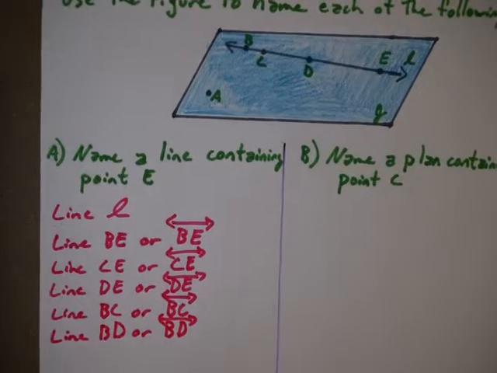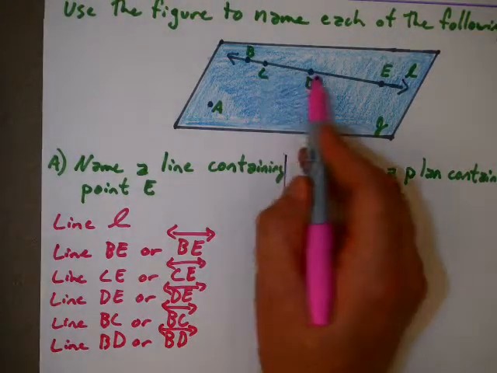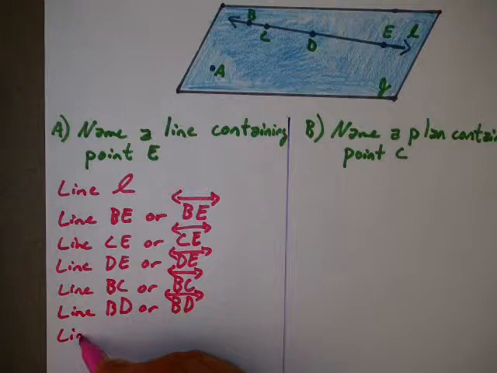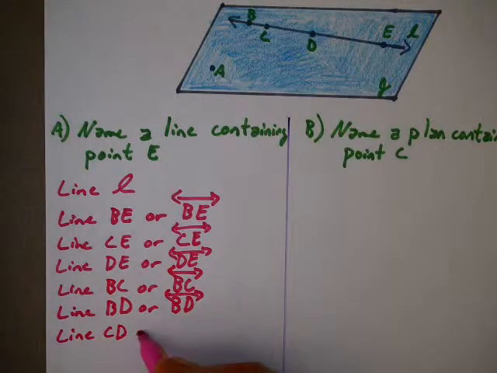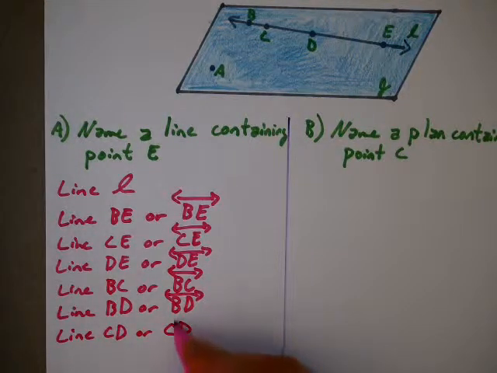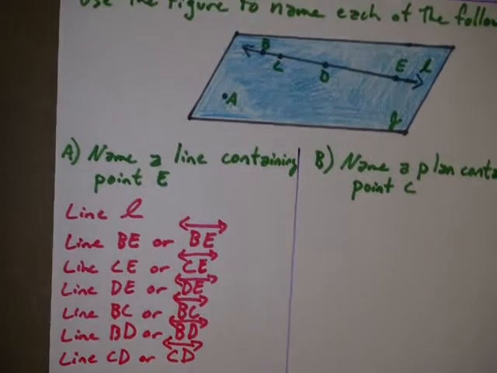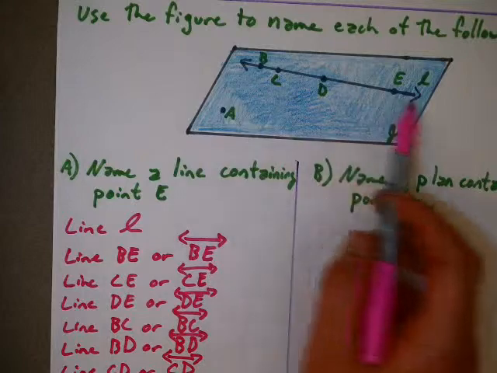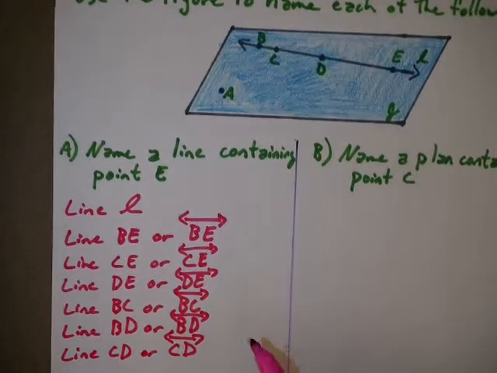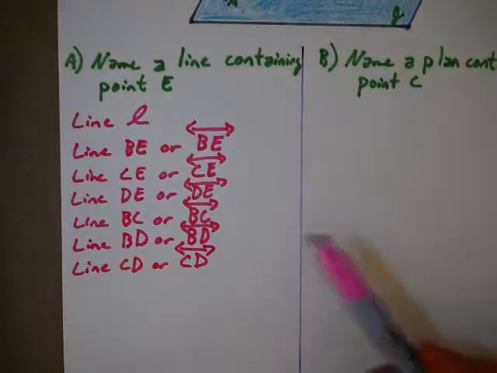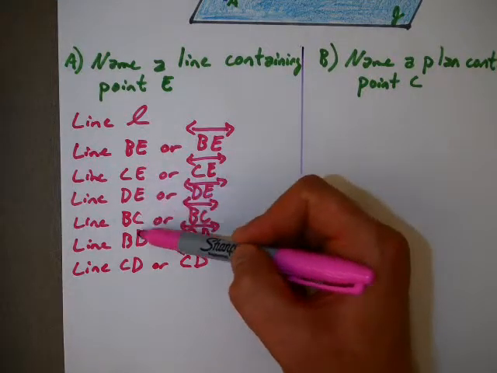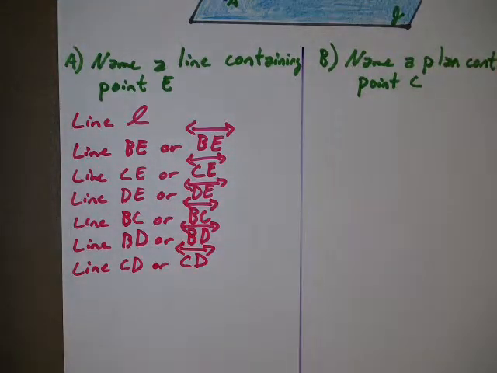And then I think the last one we can use is line CD. So just for this one line that has 4 points on it, we found 1, 2, 3, 4, 5, 6, 7 different ways to name that line.